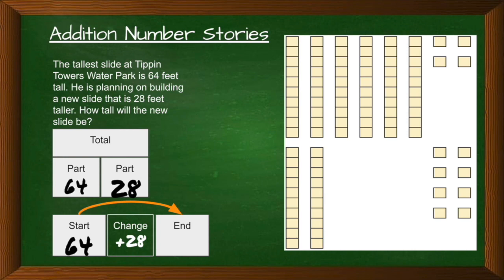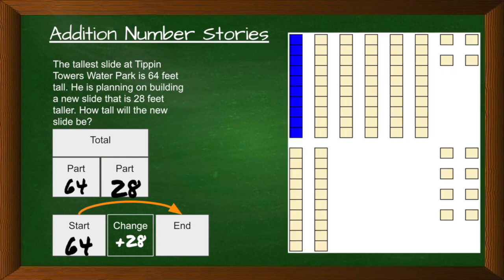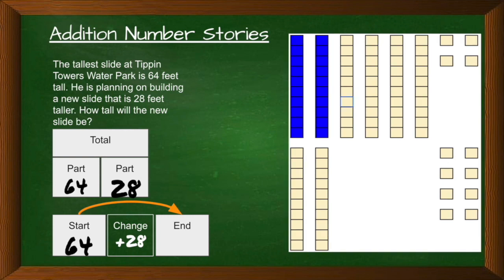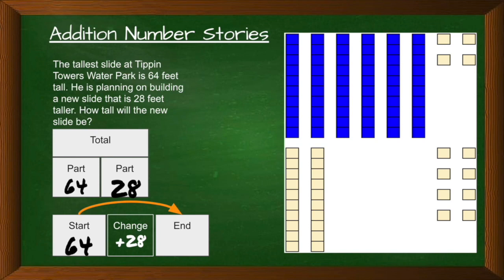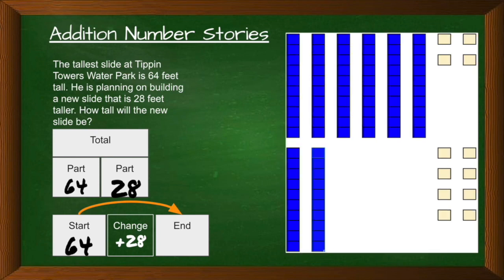Another way to do this is to think about it in terms of base 10 blocks. So here I have 64 across the top and 28 across the bottom. And I'm going to start by counting just the tens, or the longs. So 10, 20, 30, 40, 50, 60, 70, 80.